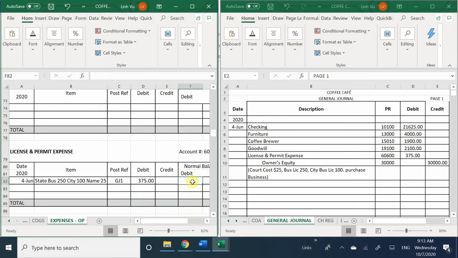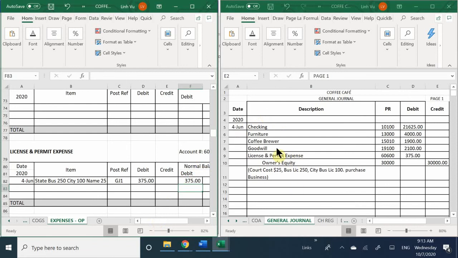So therefore, I currently have a debit balance of $375 in my license and permit expense account. And you're going to do exactly how you journalized it in your journal. So all of these are debits, so therefore, it's going to reflect on the debit side as well.